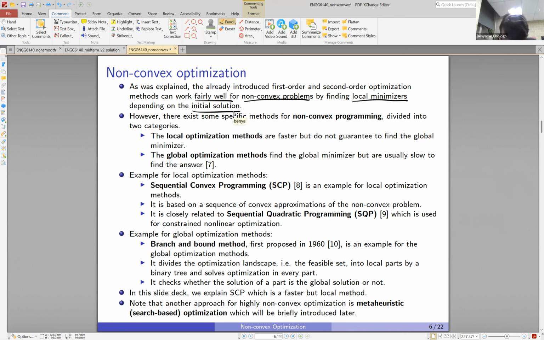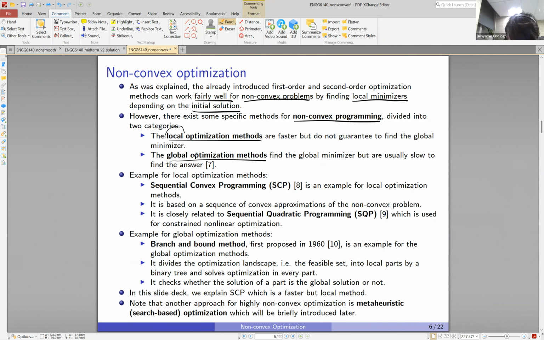However, there exist some specific methods for non-convex programming, or non-convex optimization, divided into two categories. So we have two types of non-convex optimization methods. Either they are local optimization methods or global optimization methods.